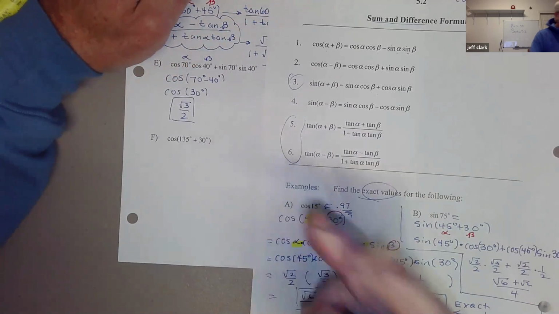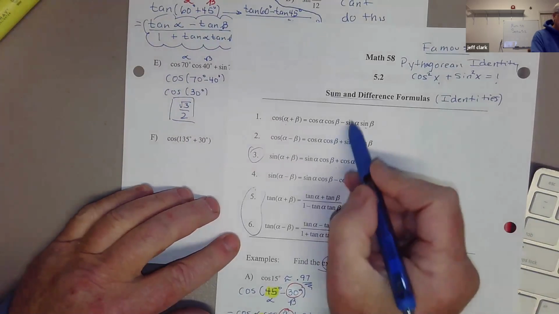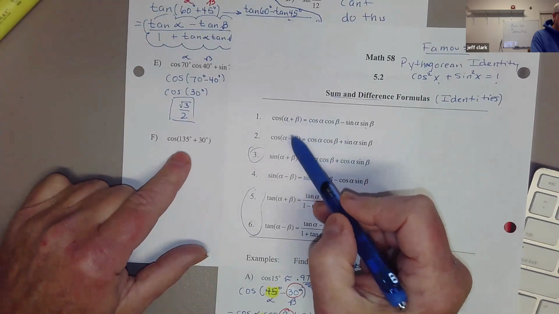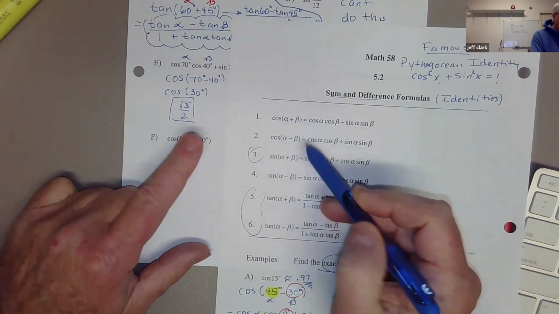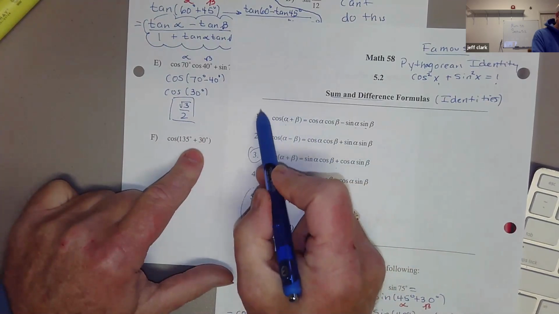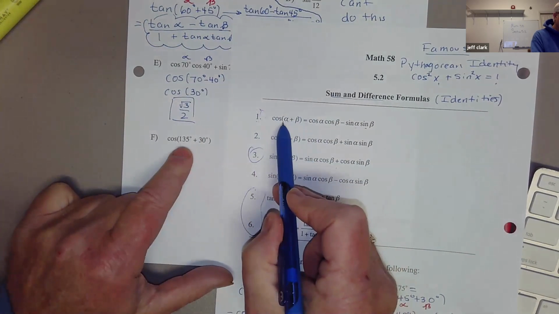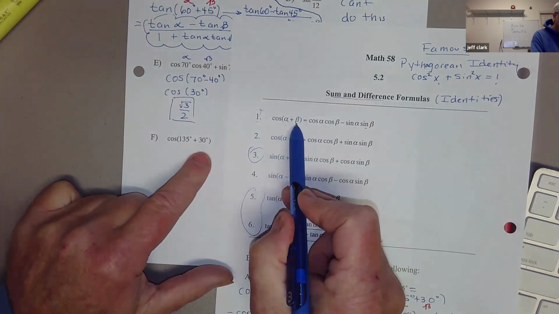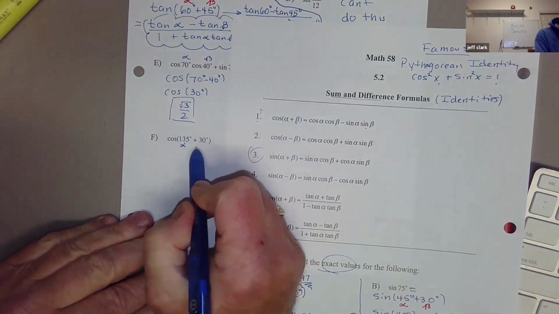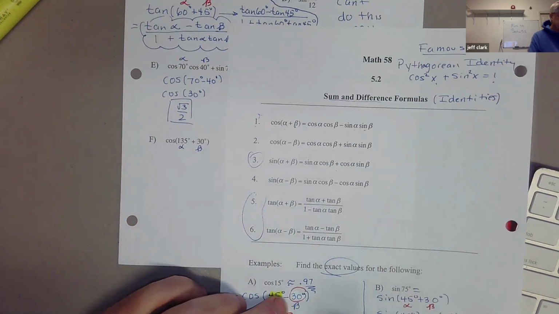Okay, this one here doesn't look like the right-hand side, it looks like the left-hand side. Okay, right here, number 1. I'm going to do number 1 because that's my alpha plus beta. Yeah, this is my alpha, this is my beta.